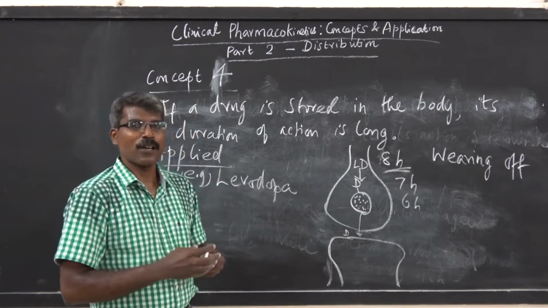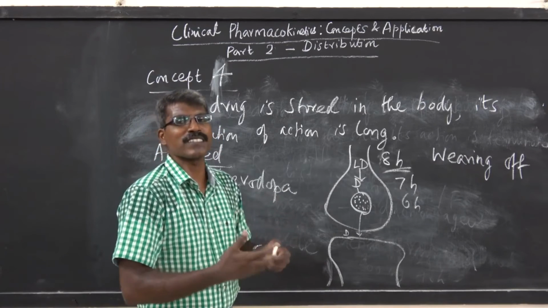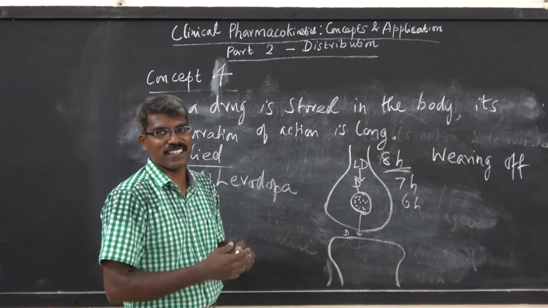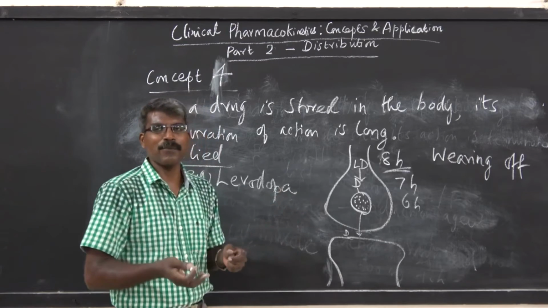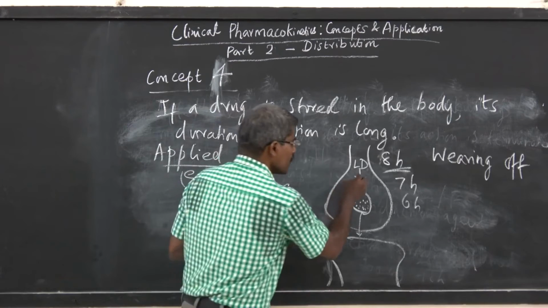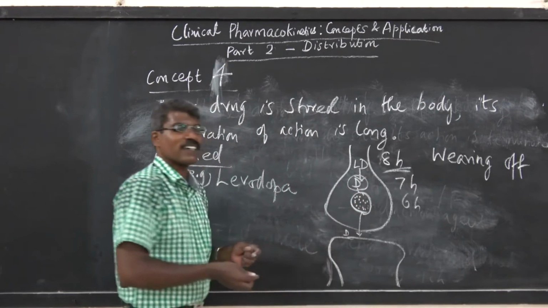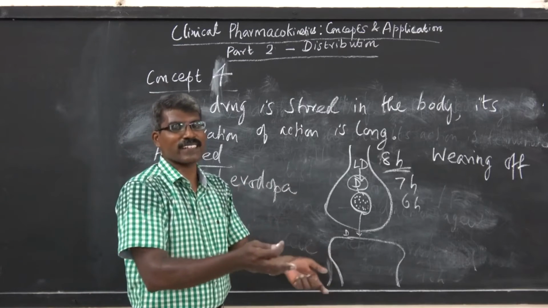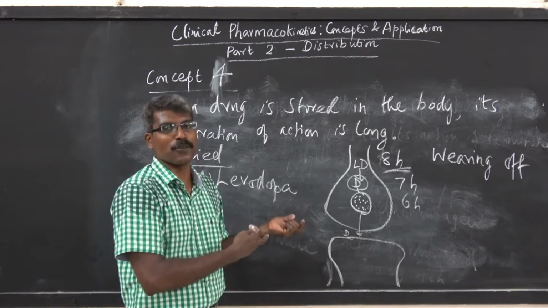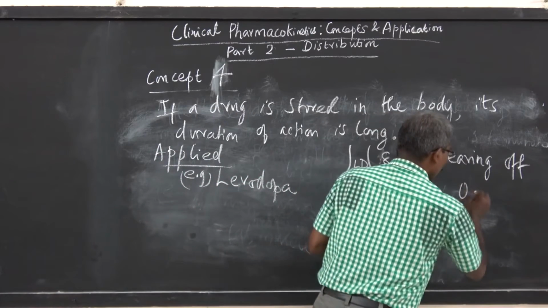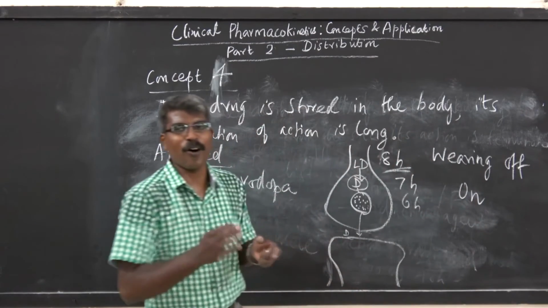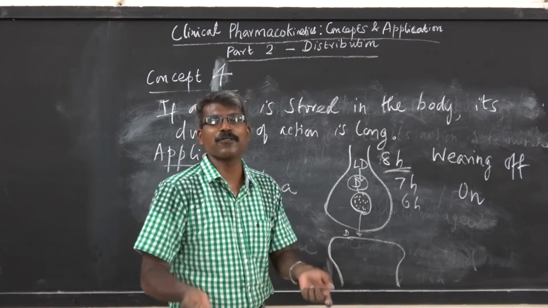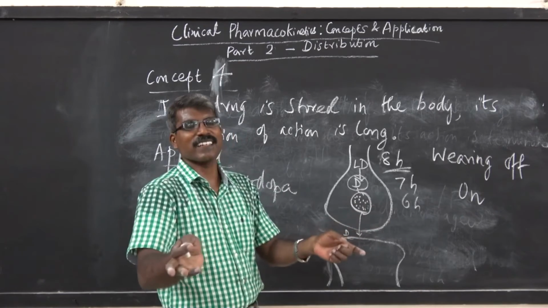Now what happens? More and more neurons keep being destroyed as the disease progresses. At one point of time, whatever dopamine is formed from levodopa will act all at one particular time. Nothing will be stored. So either it will all act, which is called the on period, and later on all levodopa is converted to dopamine, it just acts, and that's all.